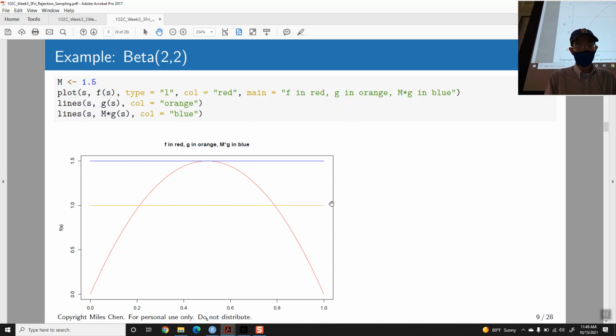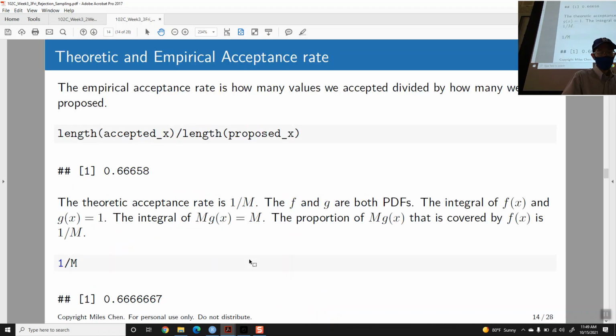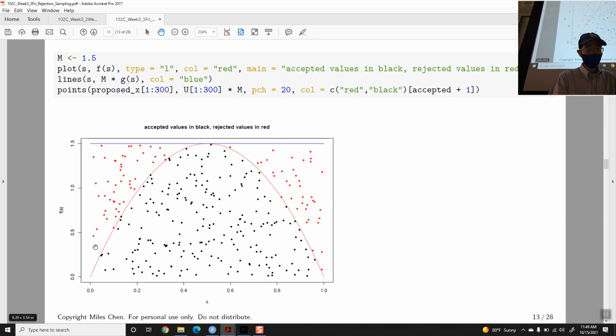When I multiply one of the PDFs by m, its area is going to be m. So when I multiply the yellow line by 1.5, and I have this blue line, the area underneath the blue line is now m, m times 1.